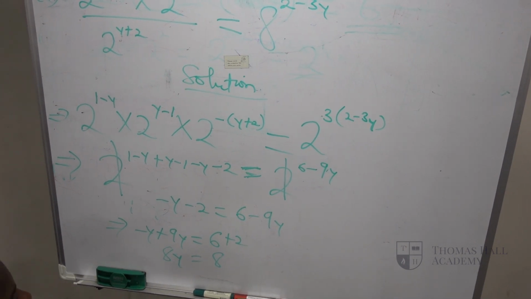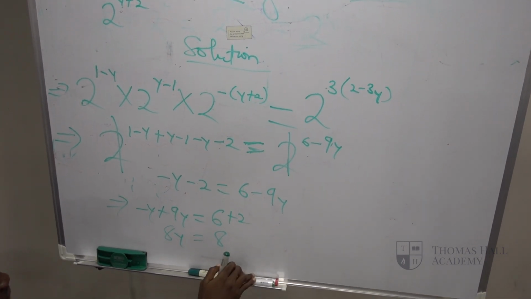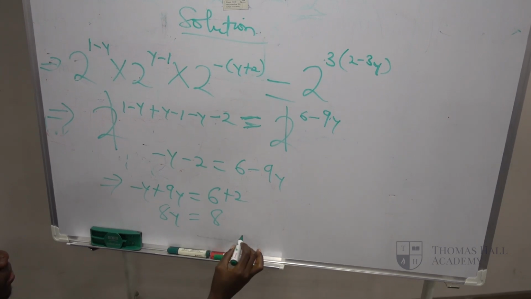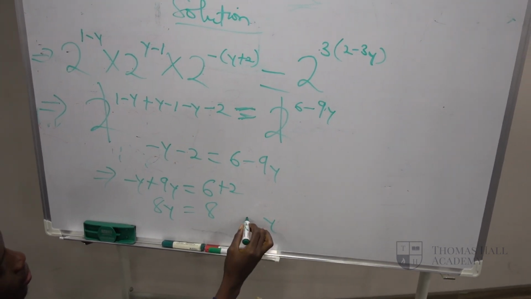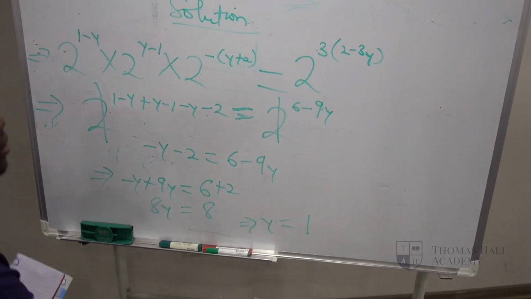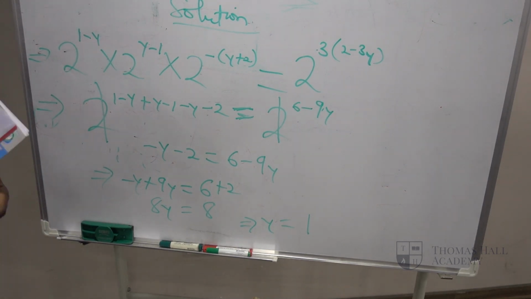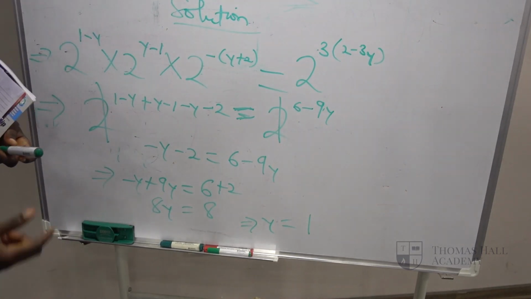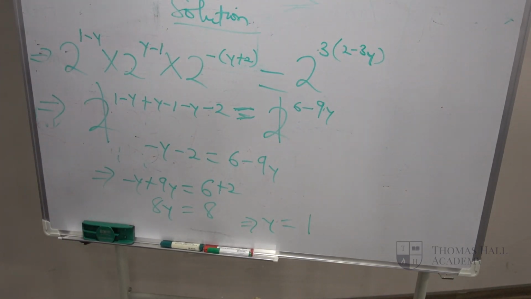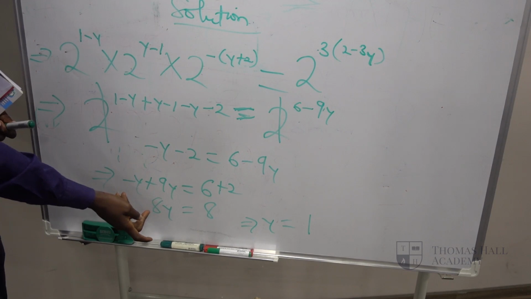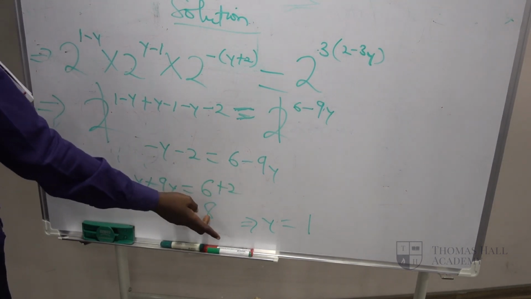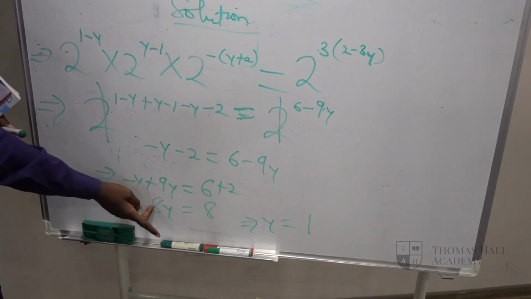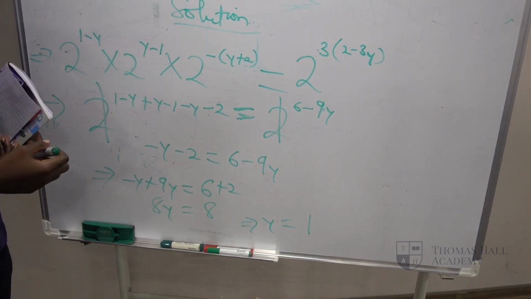When you divide both sides by 8, y equals 1. So the value of y in this question is 1. Minus y plus 9y gives us 8y equals 6 plus 2, 8. Divide both sides by the coefficient of y.